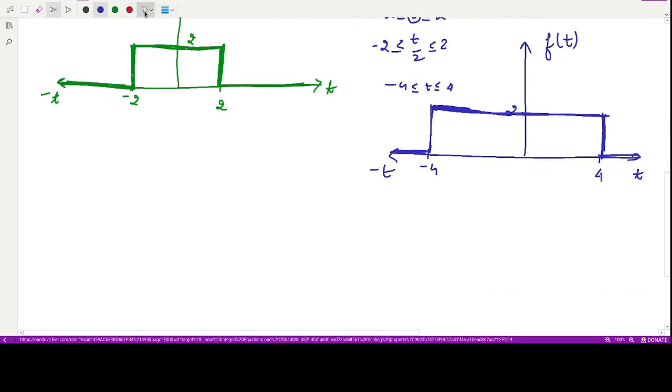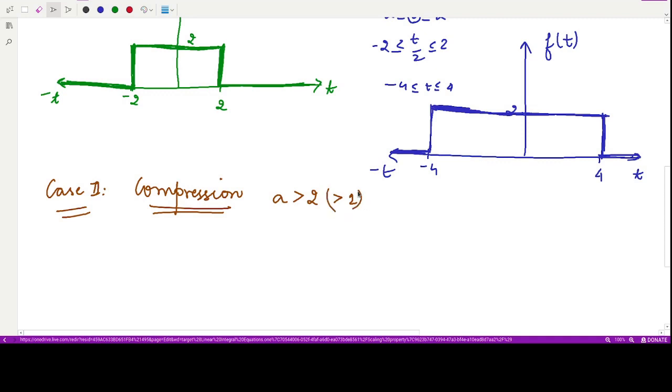In a similar way, in case 2, we can discuss compression. When you compress some function, you are multiplying by some constant which is greater than 1, right? So I'm saying let the constant a be equal to 2.